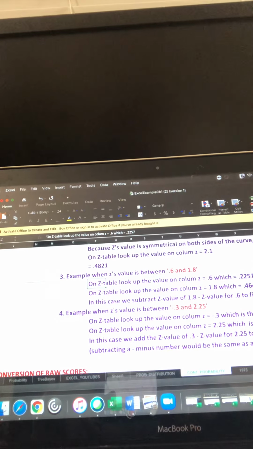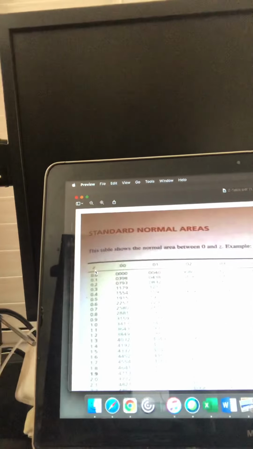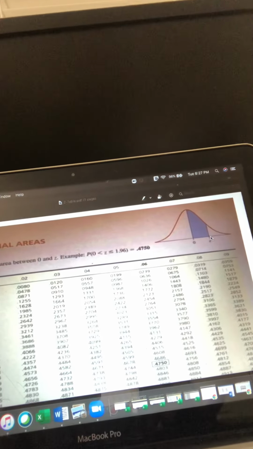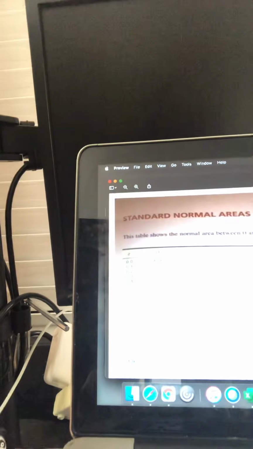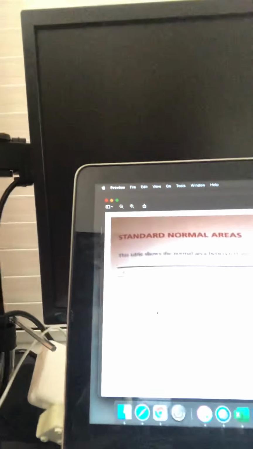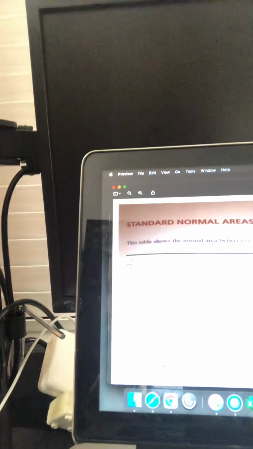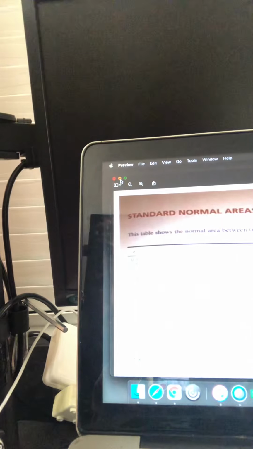Looking at the Z table again, we look at the value under the curve. As you can see, that value is going to start somewhere around here as opposed to at 0. So for 0.6, that value is 0.2257. We're going to note that down and then go down to 1.8, and that value is 0.4641. We're going to note that down as well.